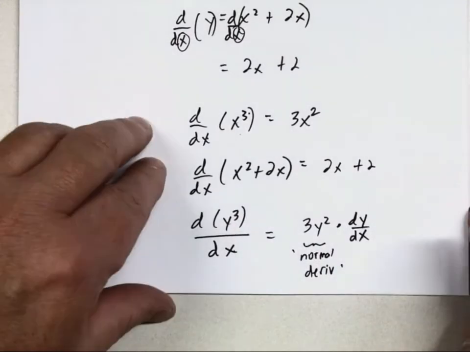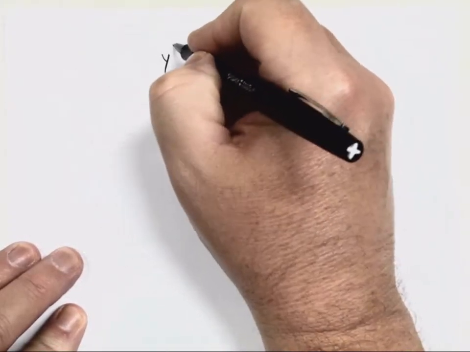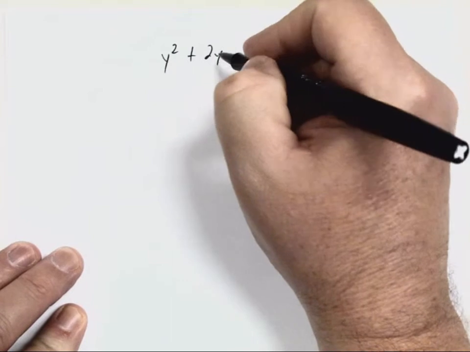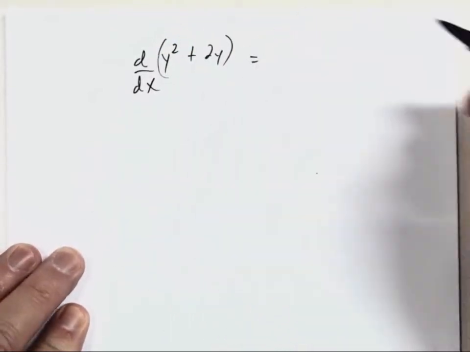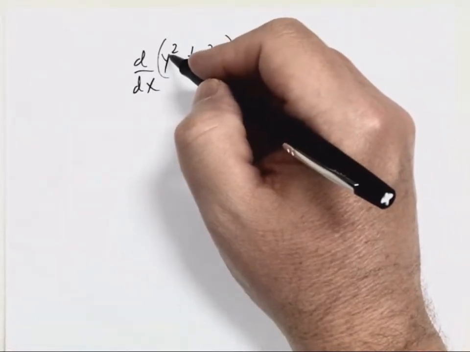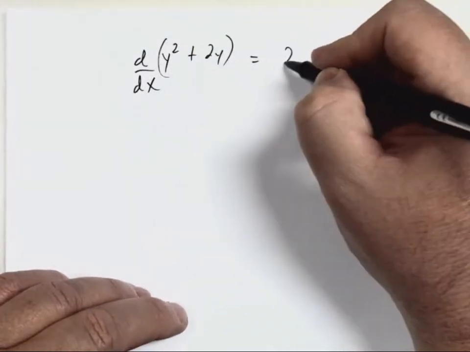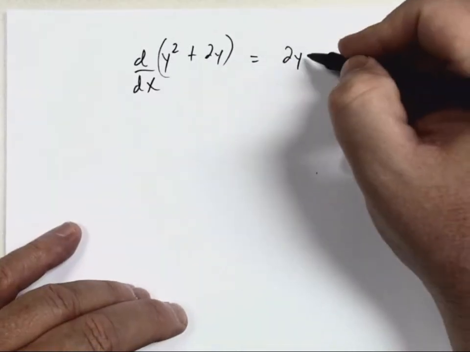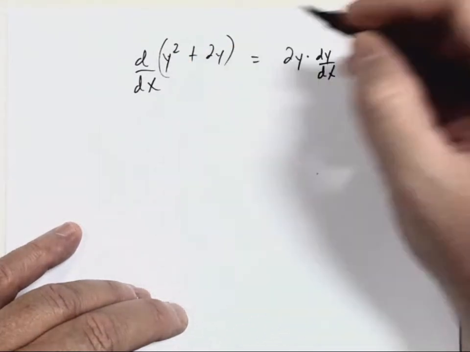If I look at this one, instead of x squared plus 2x, if those became y's, in other words, say I'm given this expression, and I want to take the derivative with respect to x, I can do that. However, since my variable up here is a y and down here is an x, the y squared is 2y, but then I have to multiply by dy dx because these variables are different.